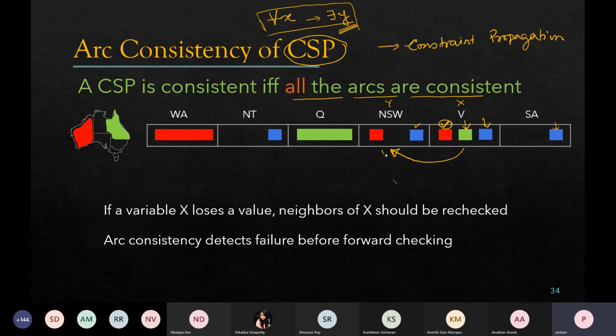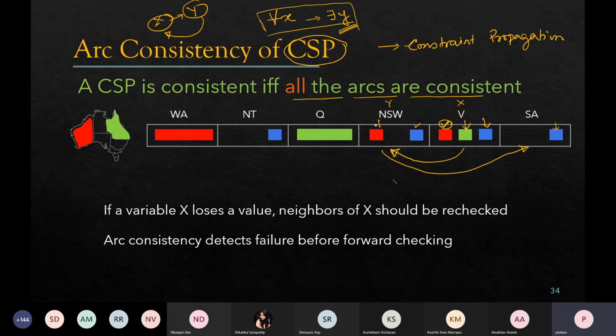One thing you need to consider is that this constraint graph is an undirected graph. So if we have an edge like this, we have to check the constraint from X to Y, and also from Y to X. So these are the two directions we have to check. We have checked that from SA to NSW it is consistent, but let us check for NSW to SA.